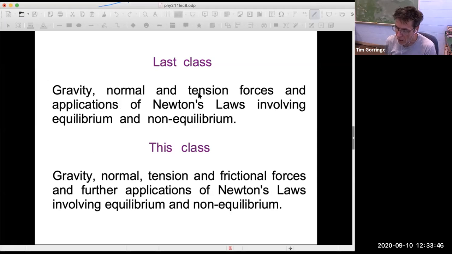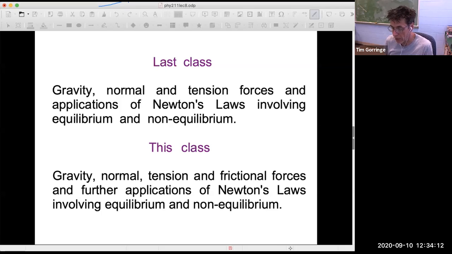So last class, we talked about 3 forces. We talked about gravity, normal force, tension force. And we looked at examples of gravity, normal, tension forces in situations where there was what we call equilibrium, and situations where there was what we call non-equilibrium.